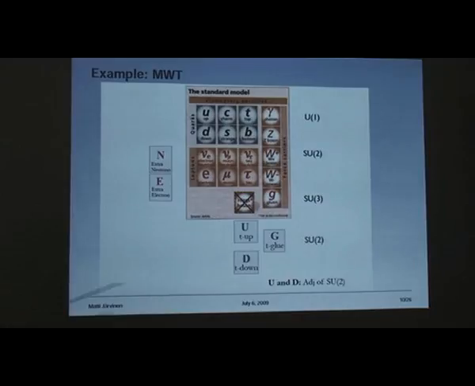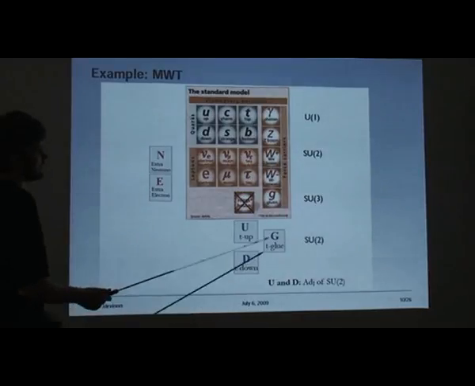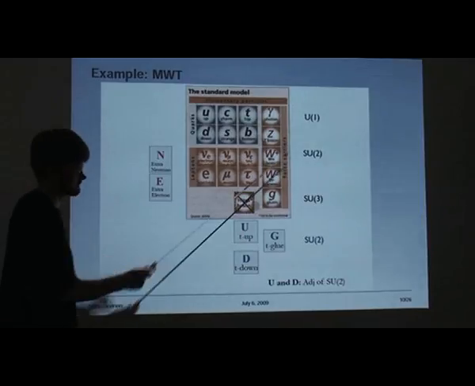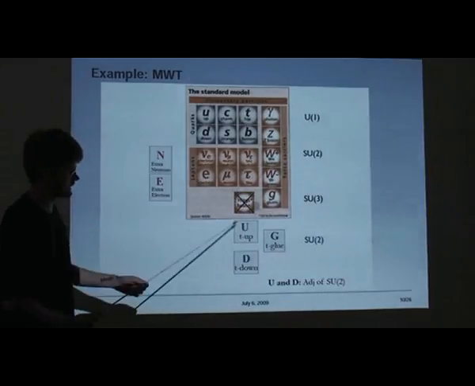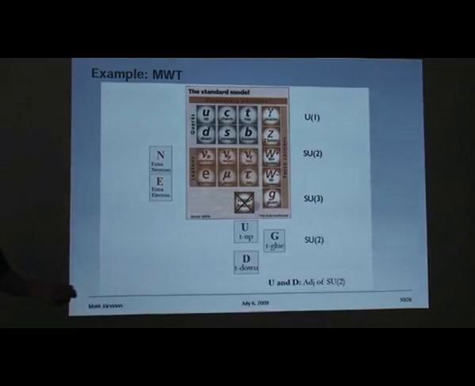They are charged under the electroweak in exactly the same way as the standard model, but not under SU3 because that would break things. And the new neutrino is only charged under the usual SU2 and U1. So it's just like the other leptons.